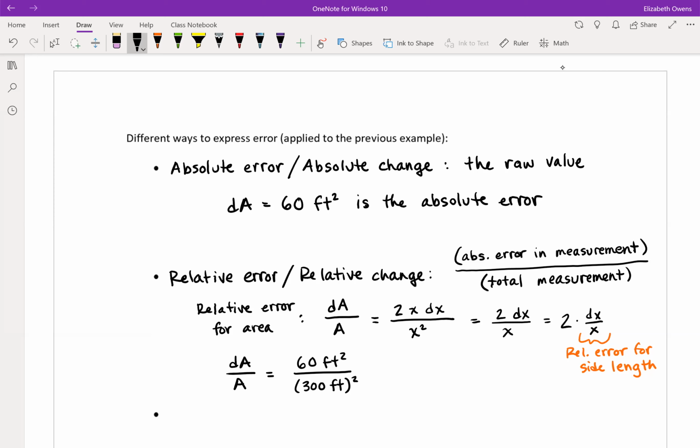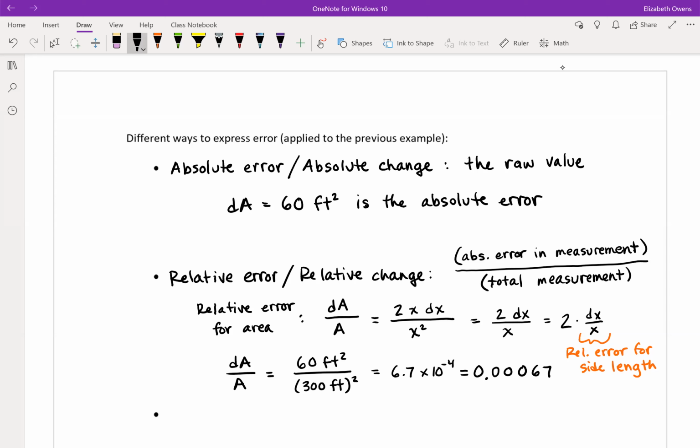Okay, so you'd type that in and you'd get 6.7 times 10 to the negative fourth, which is a pretty small number. We'd have 6.7 and then move that decimal place back 1, 2, 3, 4. 0.00067 for our relative error.